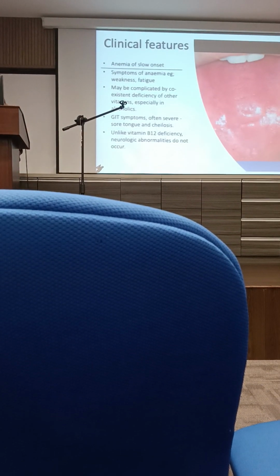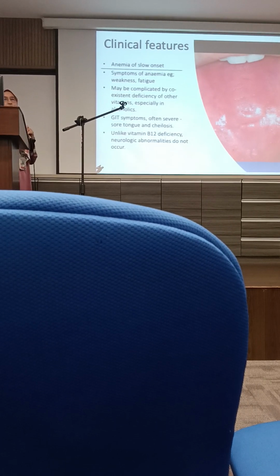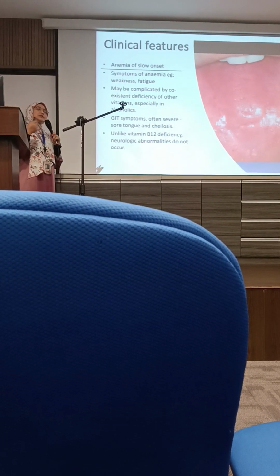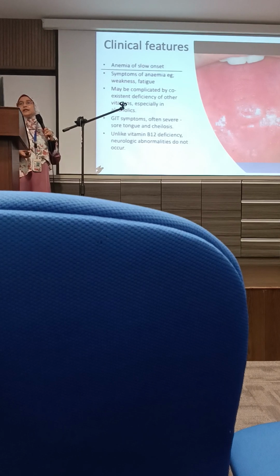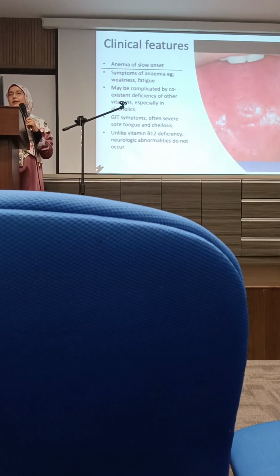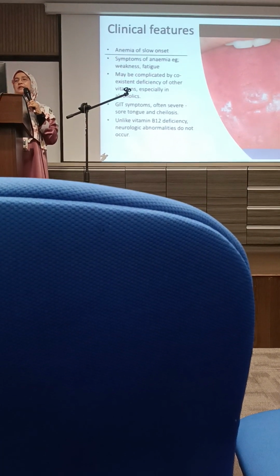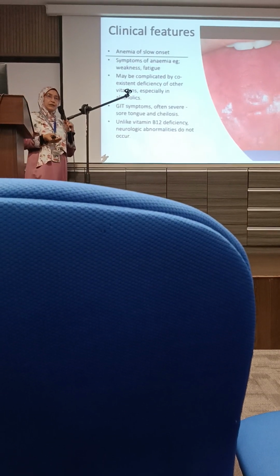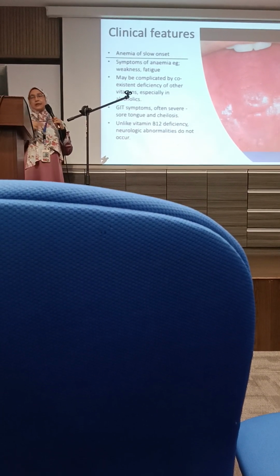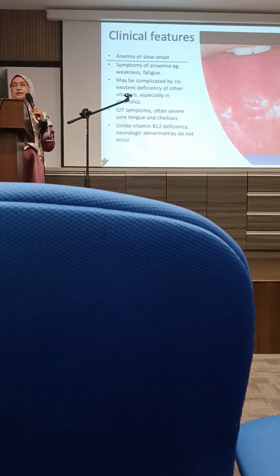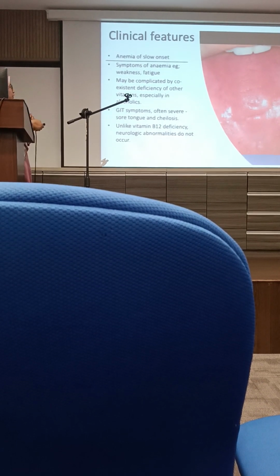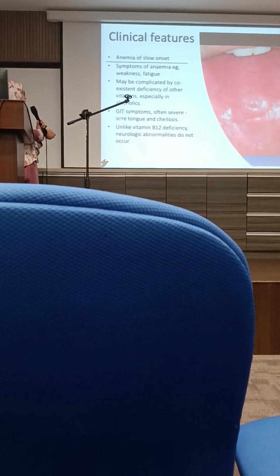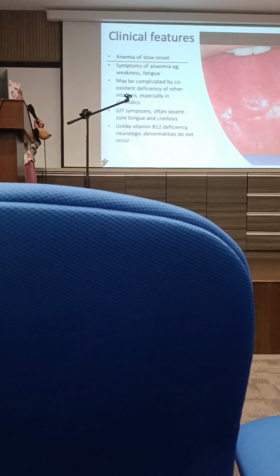Clinical features: the patient will have anemia, usually of slow onset. The features are the same, complaining of weakness and fatigue, and it may be complicated by other deficiencies, especially if the patient is alcoholic, they will have other deficiencies also, and they will also have a sore tongue like earlier, glossitis and angular stomatitis.